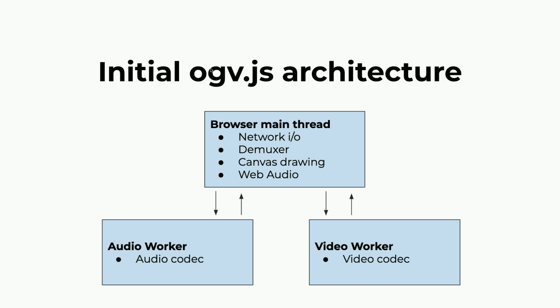And we do the actual canvas drawing with WebGL if available, and the web audio or Flash audio output. And then the codecs themselves are run in separate workers, which allows us to do a bare minimum of threading back in the olden days before you had WebAssembly threading and shared memory buffers available. So the video codec was able to run as long as it needed to on a background thread, as long as it was able to run in time to output each frame.